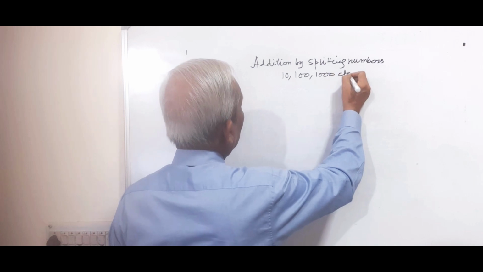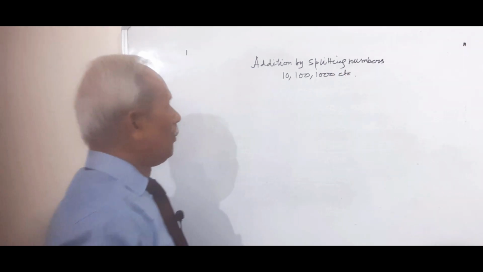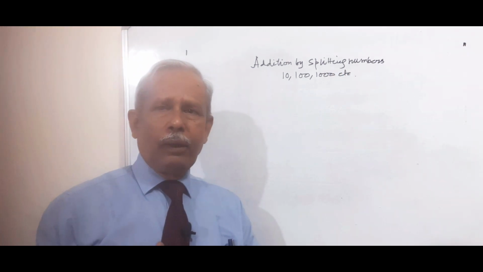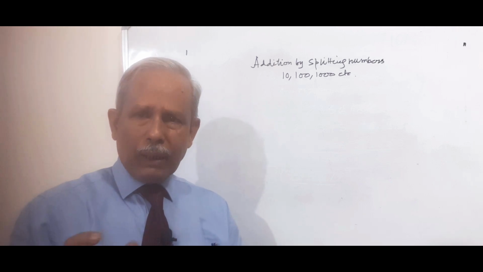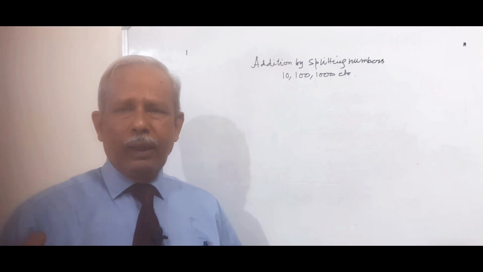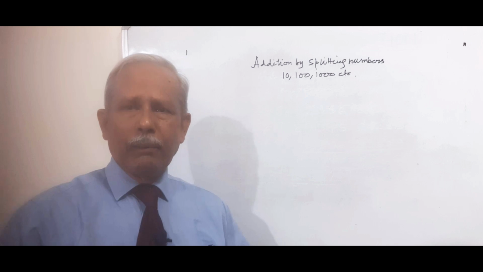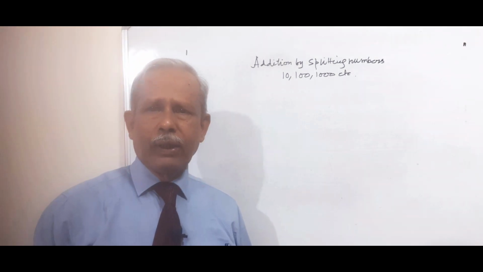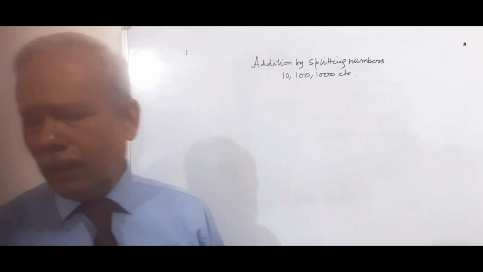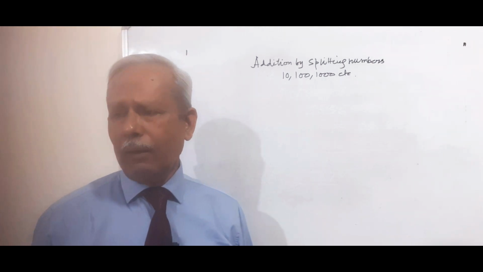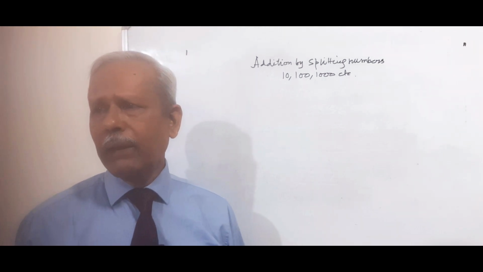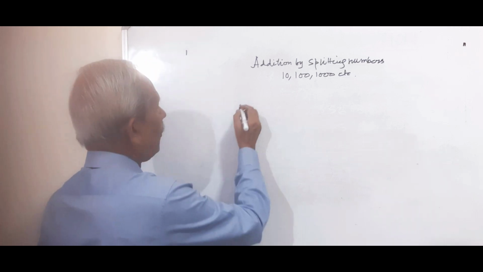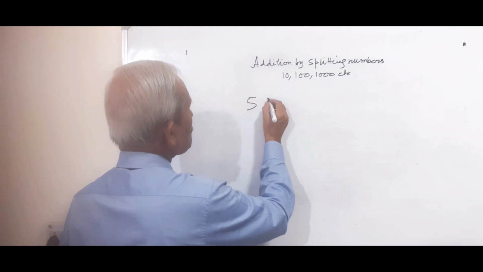So what will we be doing? We will take a number, split it into the multiples of 10, 100, 1000 or 10,000 depending upon the question, and then do the addition, which becomes much easier. For example, say 54 plus 24.